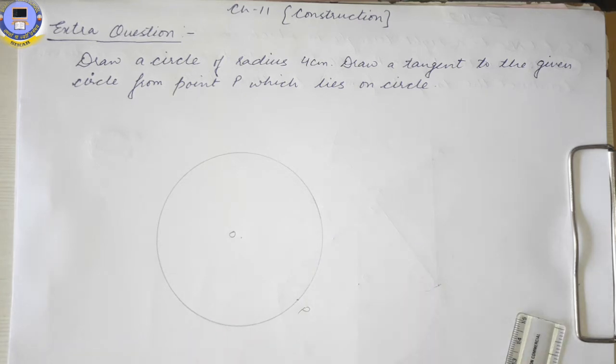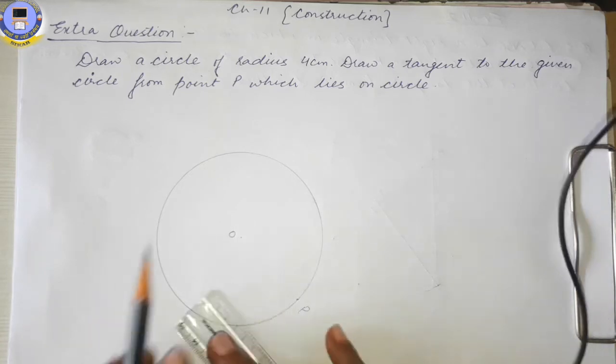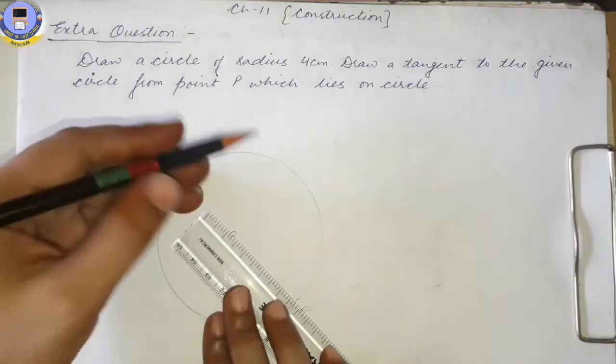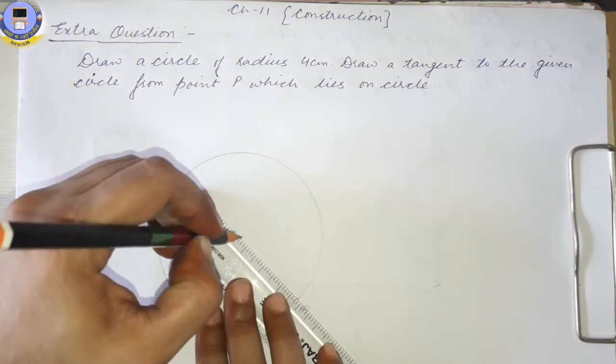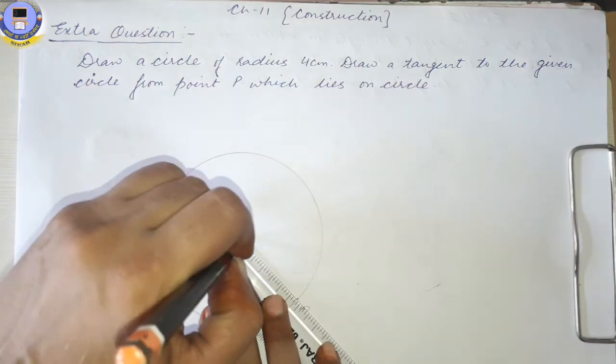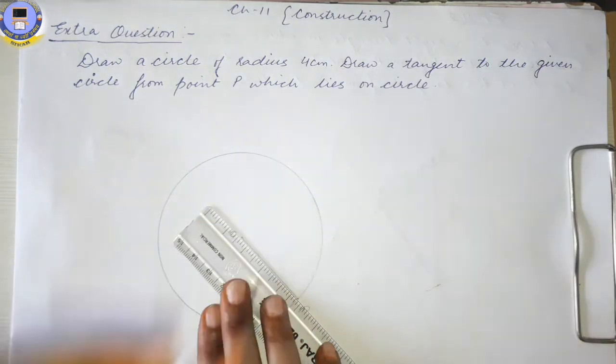But now in this question, if a point lies on circle, then how can we construct a tangent? A tangent to this circle. So what we will do? Join OP. We will join this center O with that point which is given to us. Join OP.